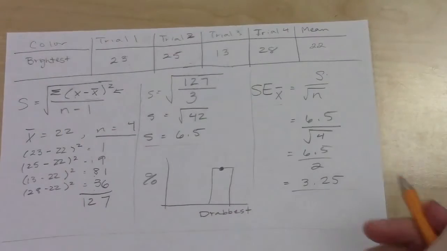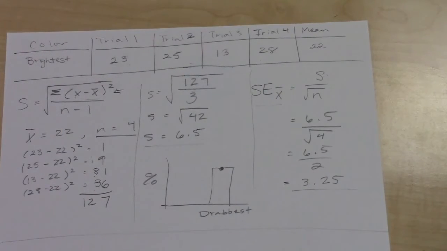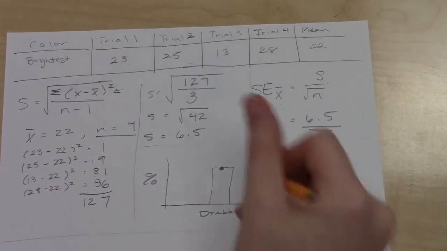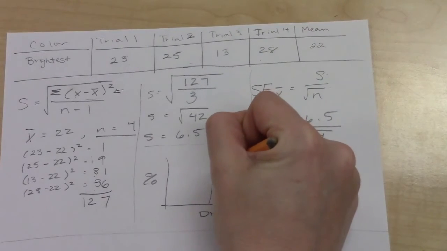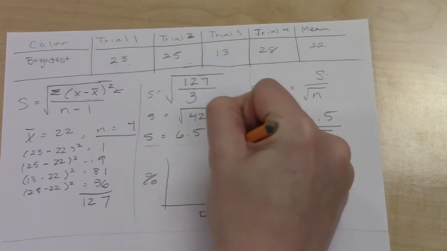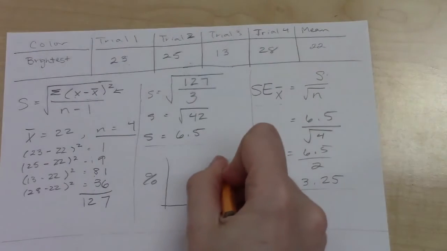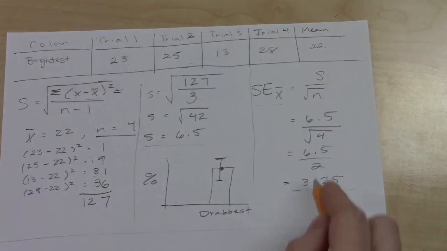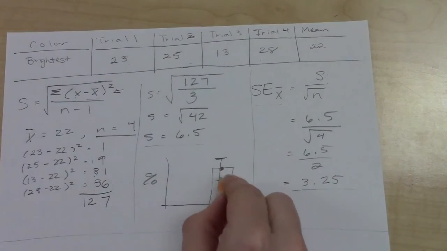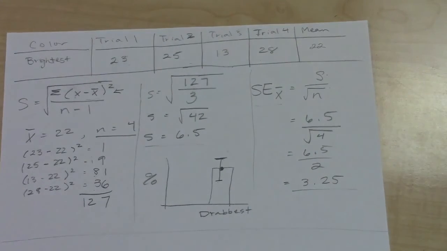And since we're just going to use one standard error of the mean, you can use 2 as long as it's standard, it'll be plus or minus this right here. So we'll make our I bar the distance using 3.25 below or above the mean.